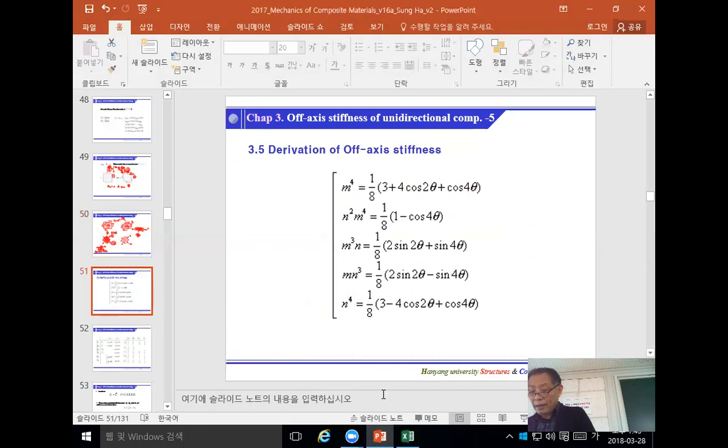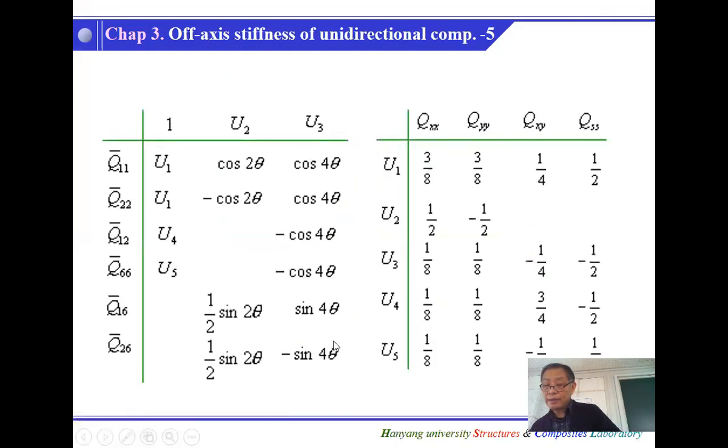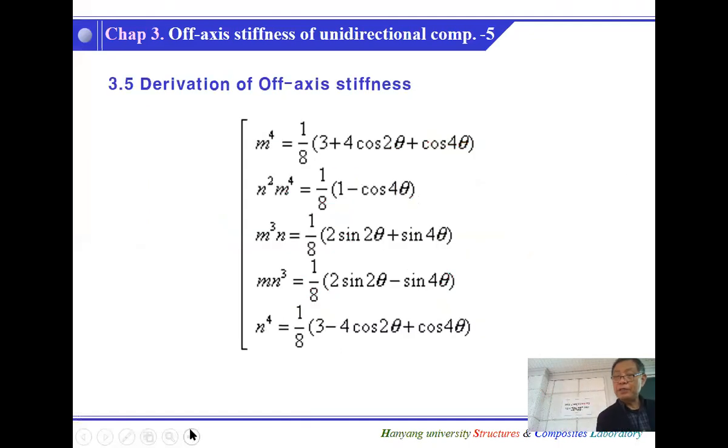Now there are some other slides regarding this off-axis stiffness, using identity relations between sine and cosine. Say cosine to the fourth power is the same as here.